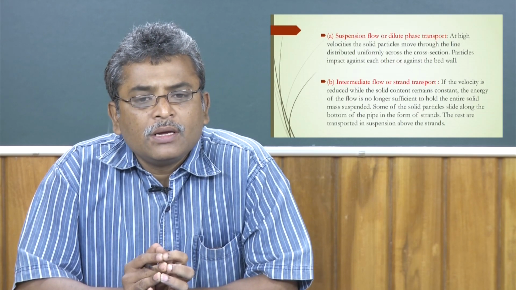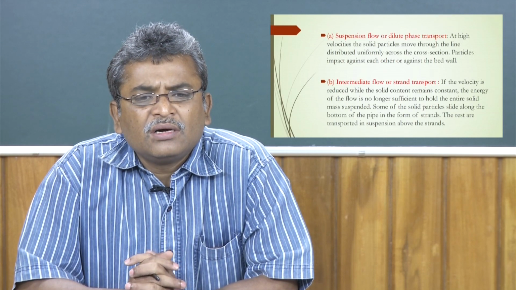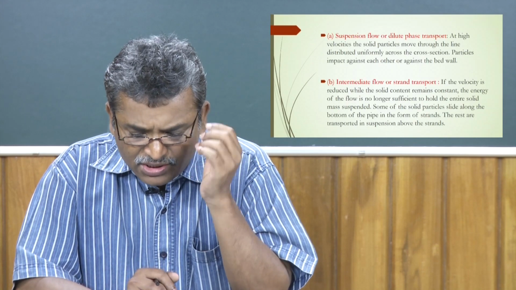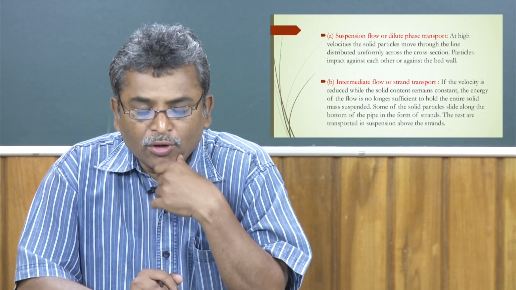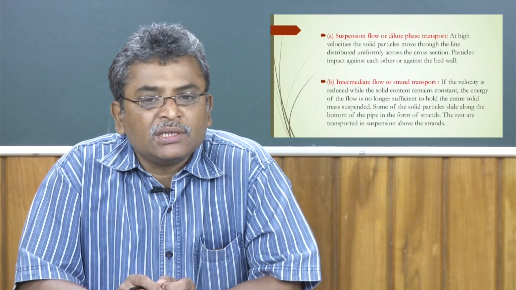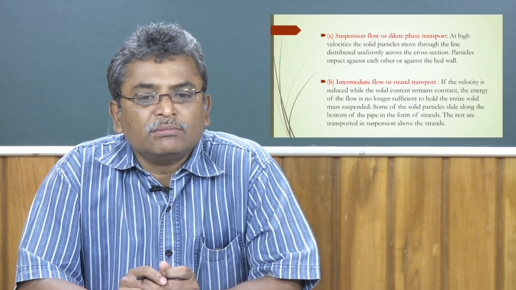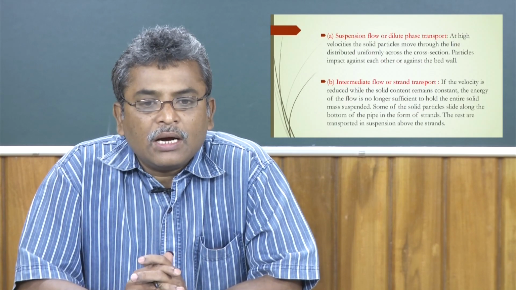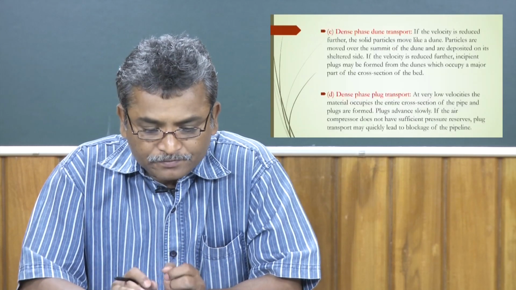In intermediate flow or strand transport, if the velocity is reduced while the solid content remains constant, you will see the energy of the flow is not sufficient to hold the entire solid mass suspended in the bed. But some of the solid particles slide along the bottom of the pipe in the form of strands, and the rest are transported in suspension above the strands.